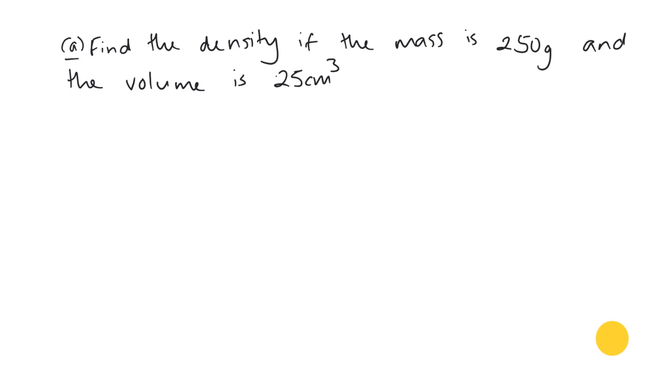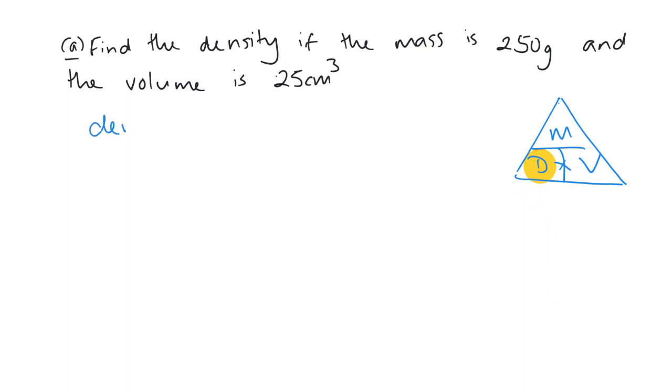Our first question then, find the density if the mass is 250 grams and the volume is 25 centimeters cubed. So think about your formula triangle, DMV, and we say, okay, we're looking for density, so cover it over. So it's going to be mass divided by volume.